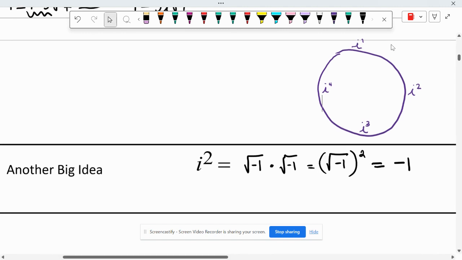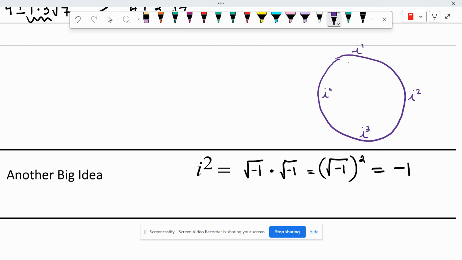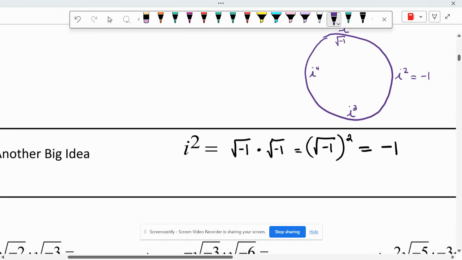And I said that i is the same thing as the square root of -1. i squared, well, we just discovered is -1. i cubed, well, that's the same thing as i times i squared. But i squared is -1, so it's just i times -1, which means it's negative i. Do you guys remember that?